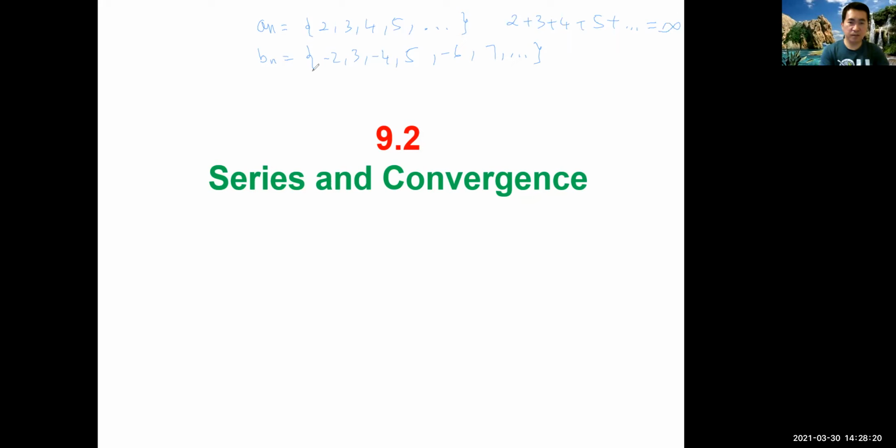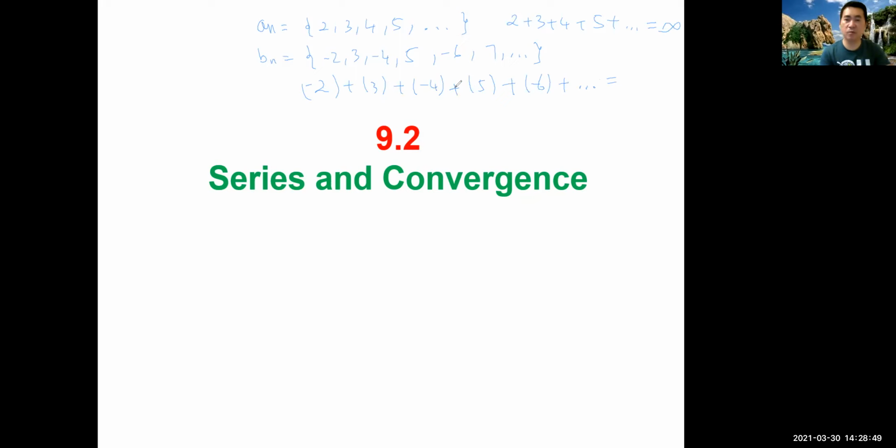On the other hand, for the second sequence, if you add -2 and 3 and -4 and 5 and so on, then what do I get? That one is a bit hard to see because you have negative and positive terms.